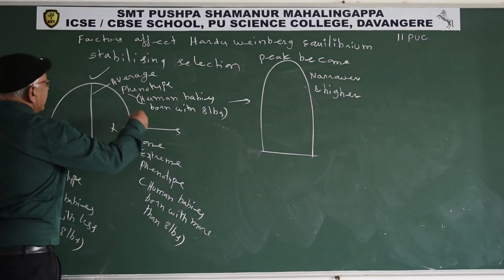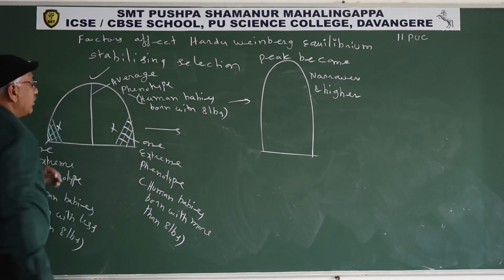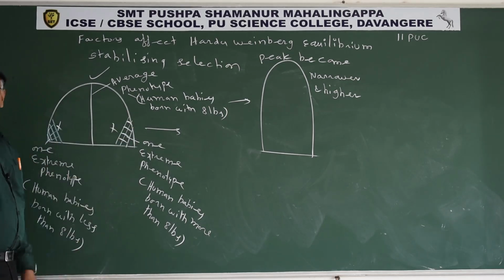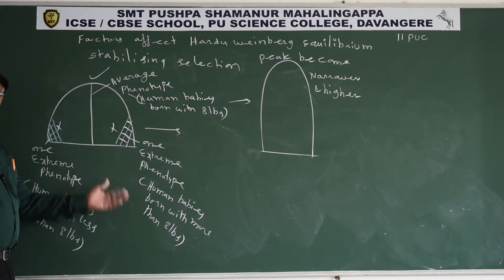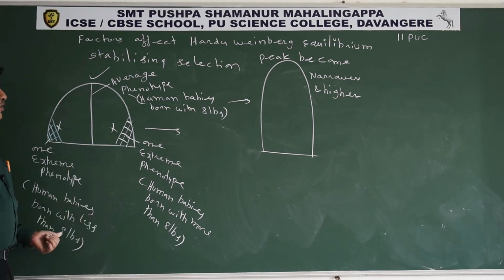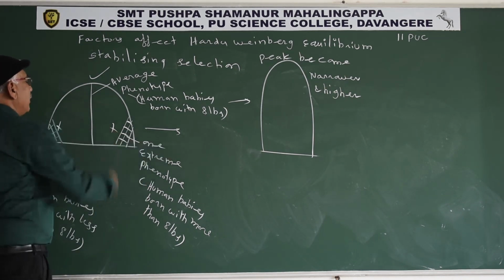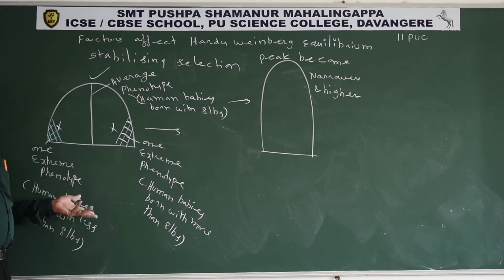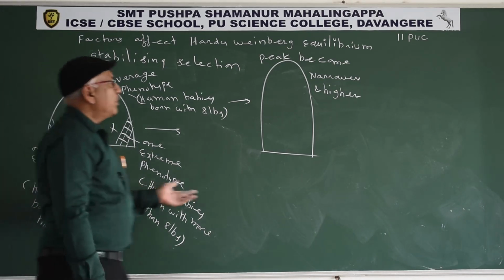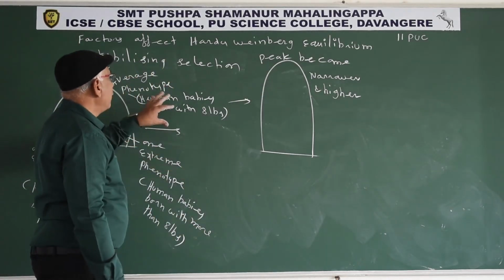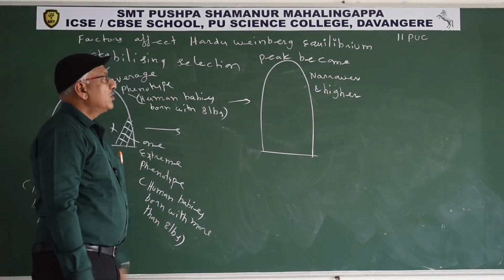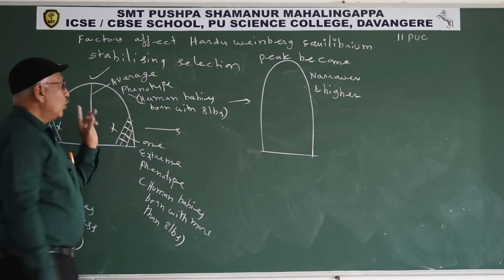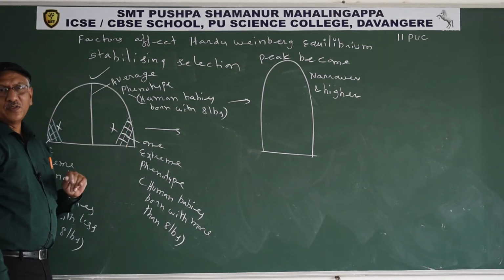So stabilizing selection eliminates them. Mortality rate is higher in babies born with more or less than 8 pounds. So that's why nature eliminates the babies born with less or more than 8 pounds. So finally what happened? Nature selects the babies born with 8 pounds. So only one phenotype, the average phenotype.